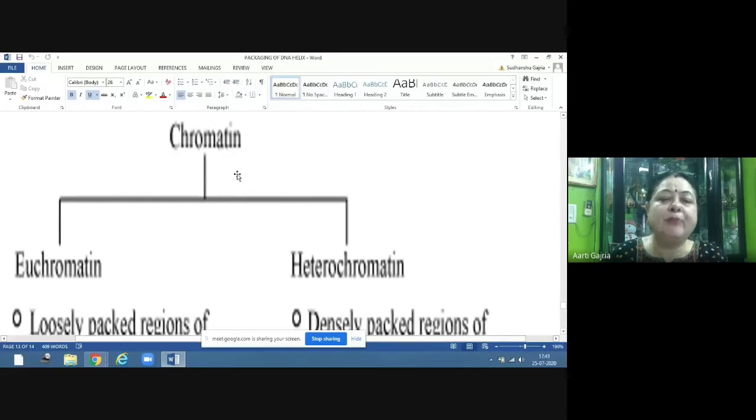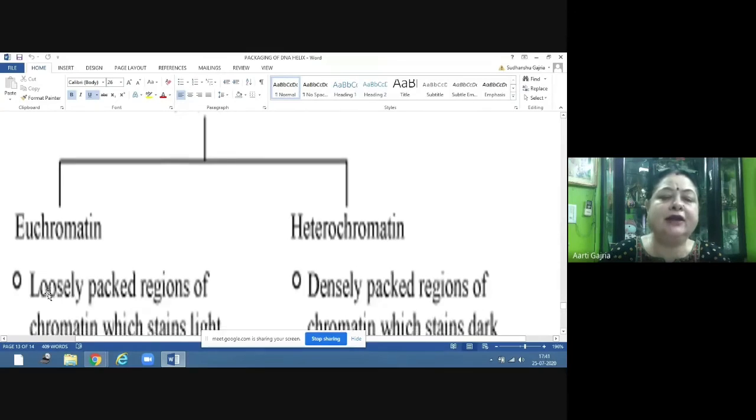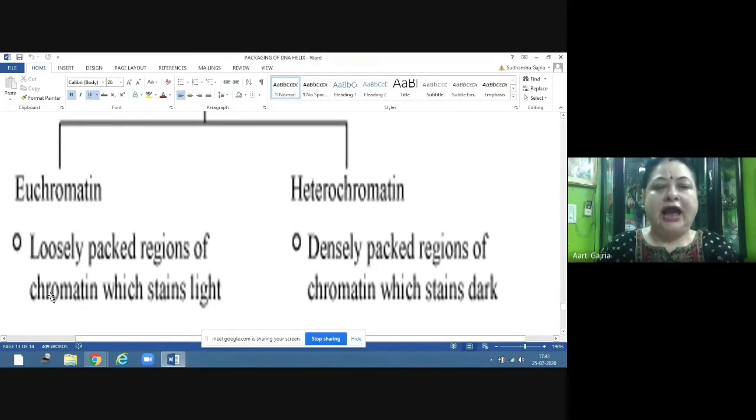Now this chromatin can be divided into two, depending upon how it looks and how it stains: euchromatin and heterochromatin. Euchromatin is the loosely packed region of chromatin, which stains light.